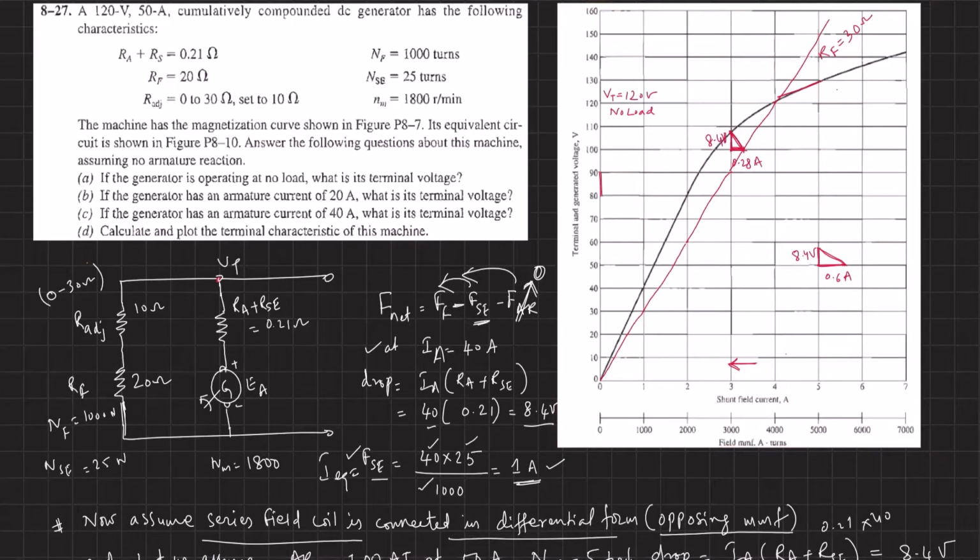So now I got the terminal voltage approximately equal to 100 volts. So with the differential compound connection, with the armature reaction taken into account, it has a 100 volts terminal voltage for that 40 amps loading condition.